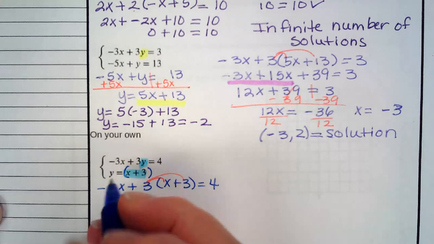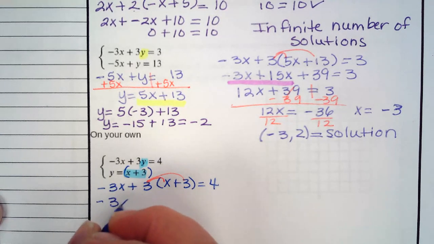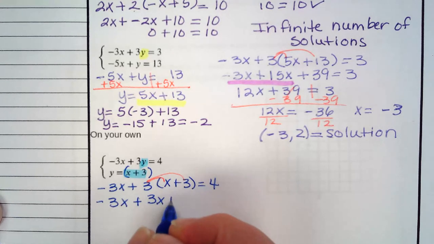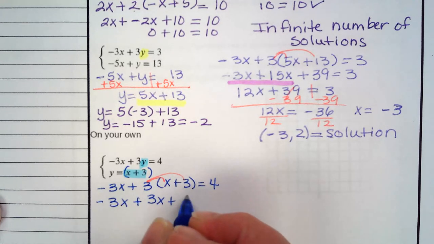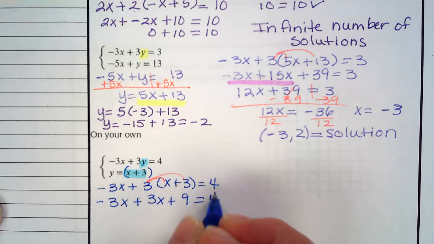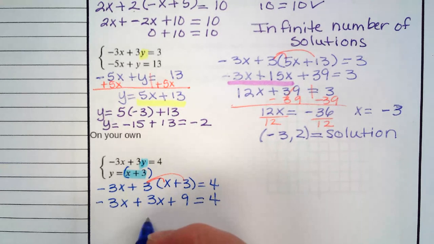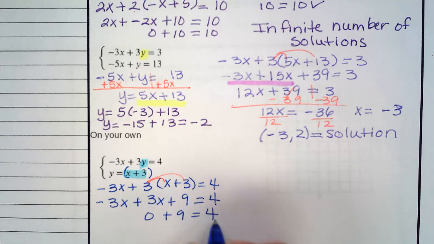Negative 3x plus 3 times x is 3x plus 3 times 3 is 9 is equal to 4. Negative 3x plus 3x is 0 plus 9 is equal to 4.